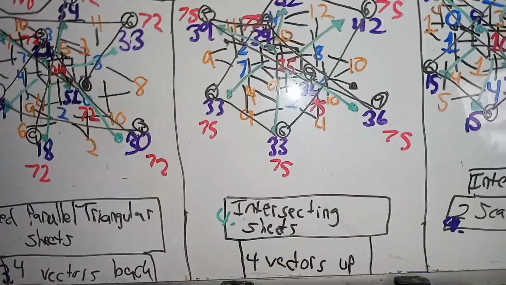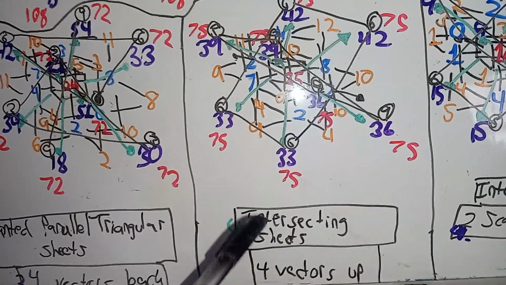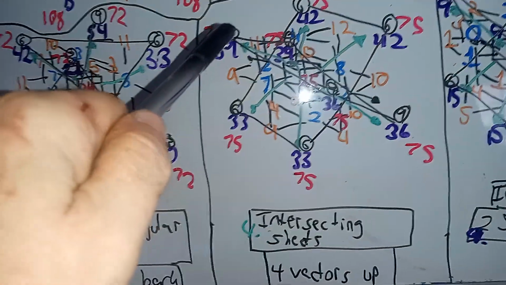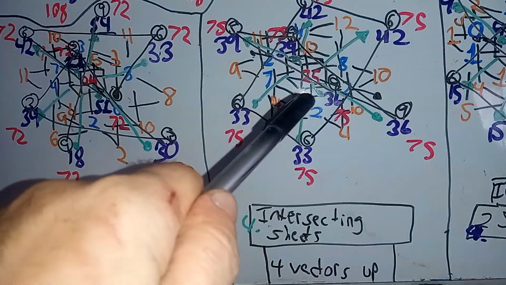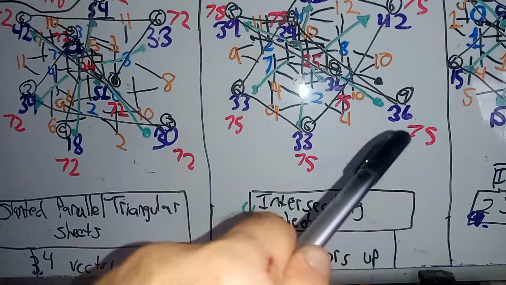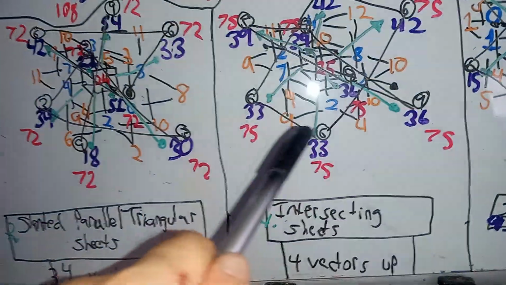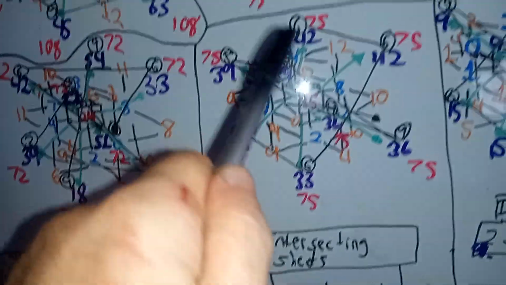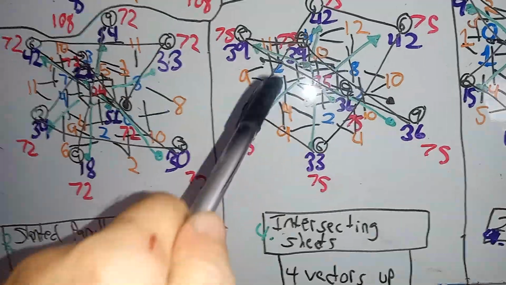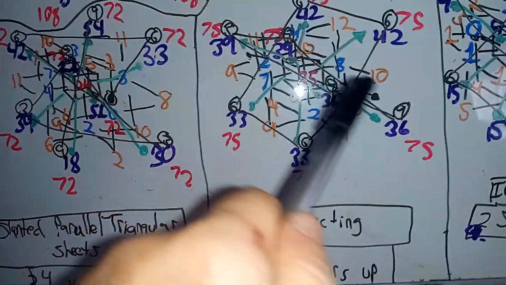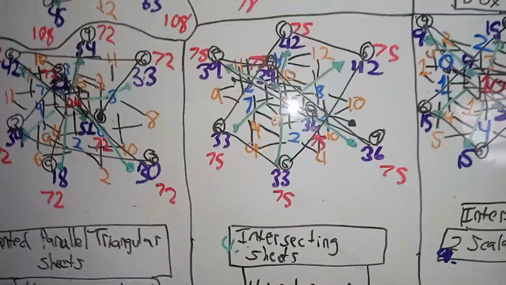And the last example are intersecting sheets or intersecting planes. You have 3 and 3 up here and 9 and 9 down here, so that forms a plane crisscrossing with the axis right here. Then you have 6, 6, and 6 and 6 crisscrossing that plane. Again, the common axis is right here.